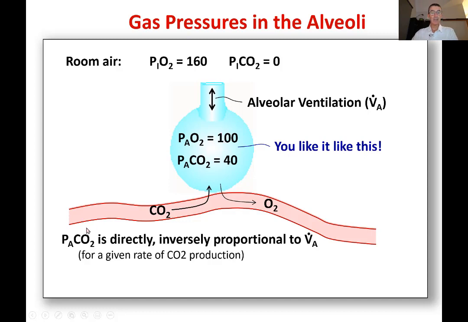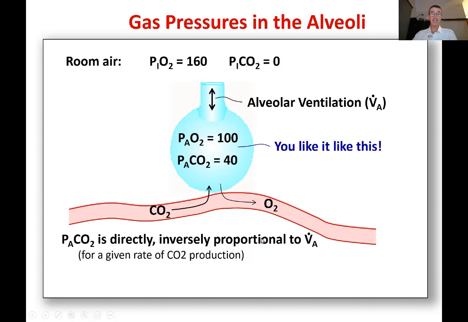So it turns out that alveolar CO2 pressure is inversely proportional to your alveolar ventilation. So if you were to right now double your alveolar ventilation, your alveolar CO2 would fall to 20.